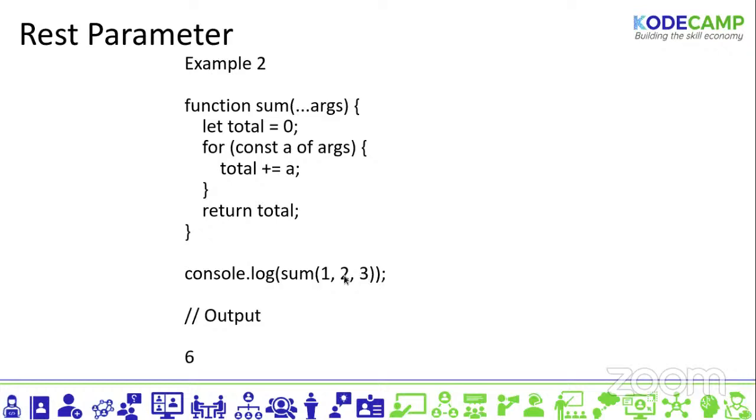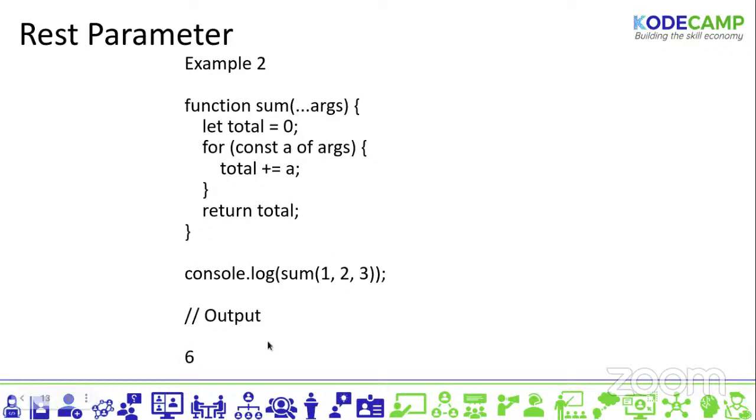Even if you pass in 20 arguments, and of course they have to be numbers since you're performing an arithmetic operation here, this function will add all its parameters and return the result to you. For example, if you sum 1, 2, and 3, what you're going to get is 6.